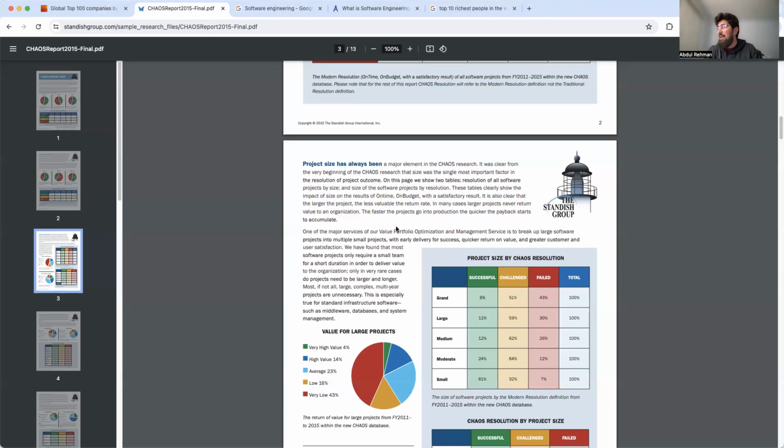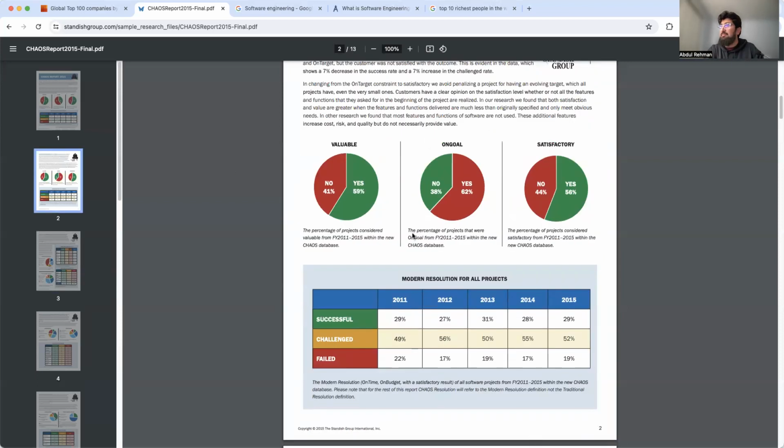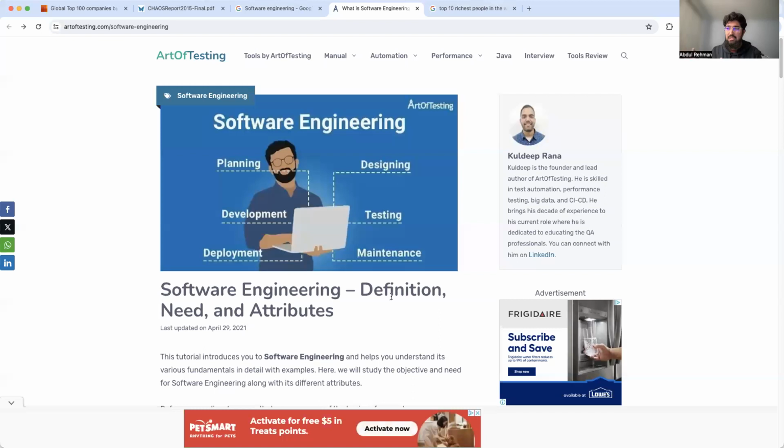So let me go back to this chaos report. I'm just going to quickly give you an overview. I found this tutorial is good for us to start our software engineering.